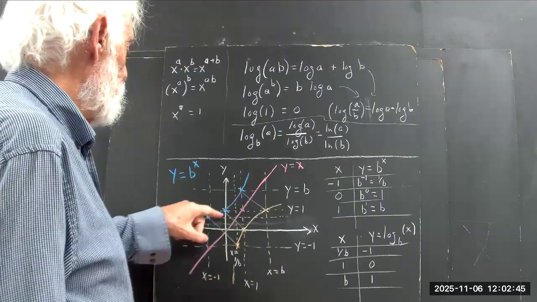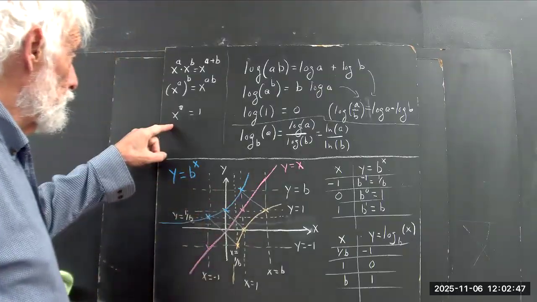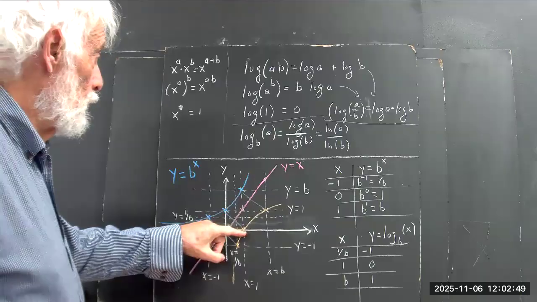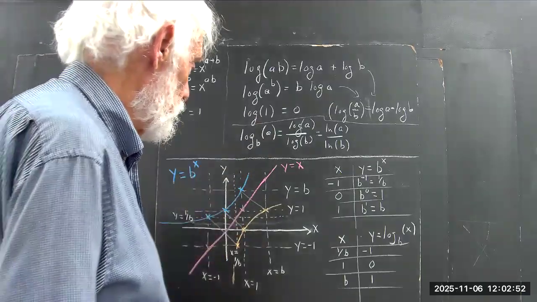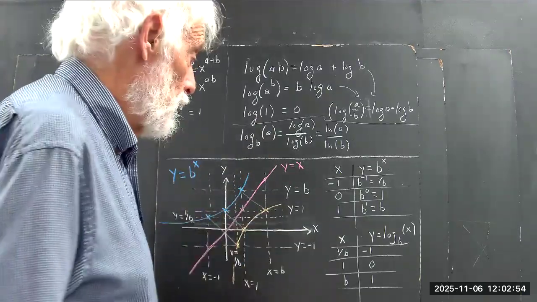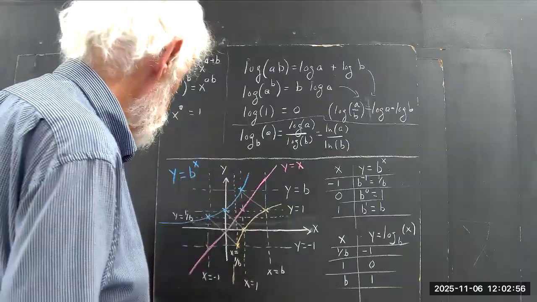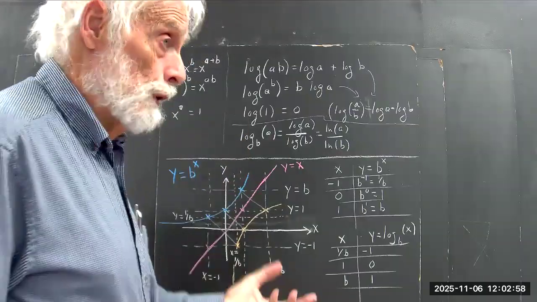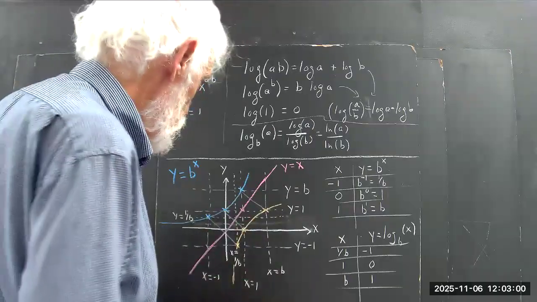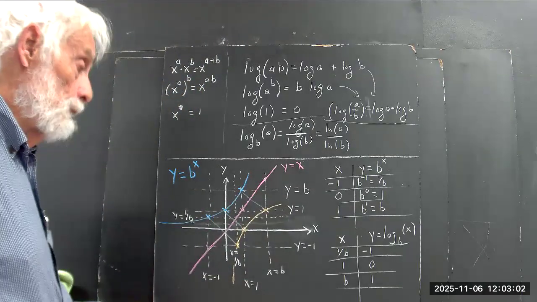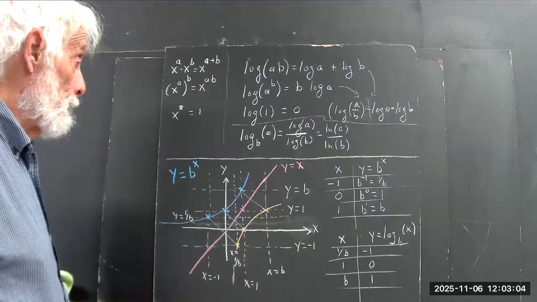So you have the point (0, 1) on this graph corresponding to the point (1, 0) on the graph of the log function. Again, worth thinking about, but just remember these laws because they're not particularly difficult and you can learn them quite well with a little bit of careful practice.